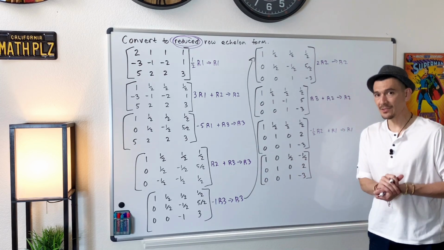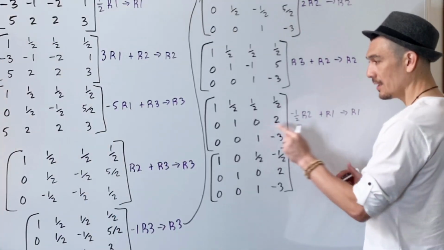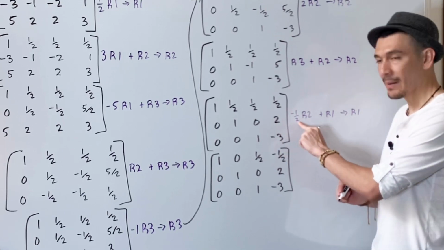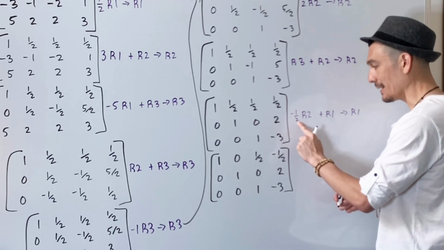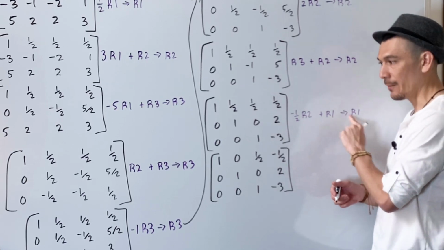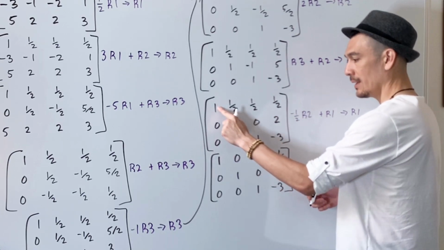So this step that we just did was really tricky, so let me go through that again. I took all of the members of row 2 and individually multiplied them by -1/2, and whatever that gave me, I added to the corresponding member from row 1 to get the new member of row 1. So multiply by -1/2, 0, plus 1 stays 1.